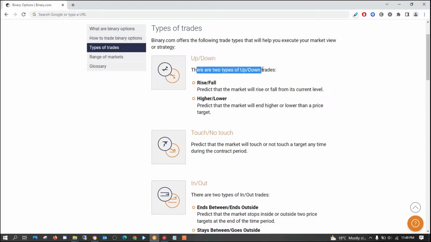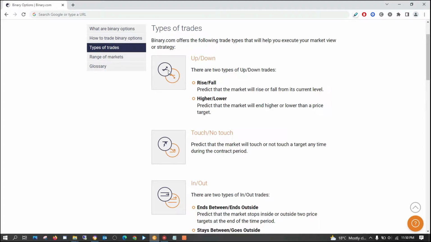There are two types of up and down trades: rise and fall, and higher and lower. Rise and fall predicts the market will rise or fall from its current level.